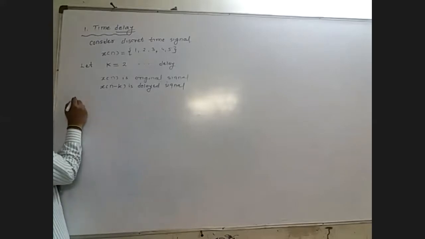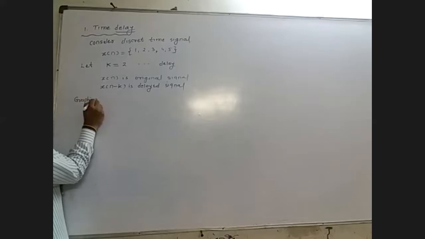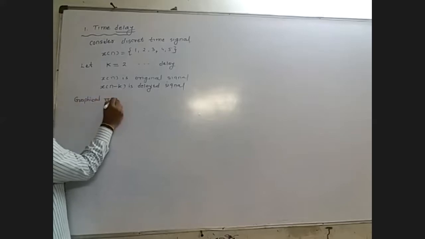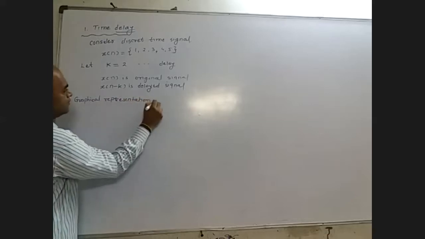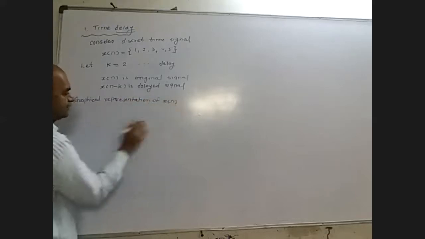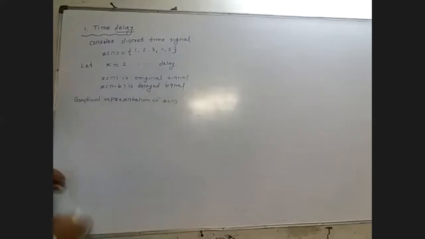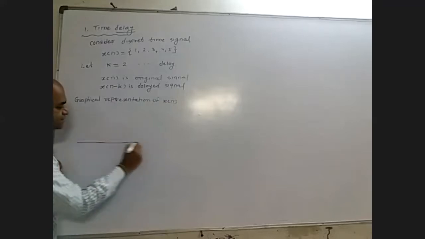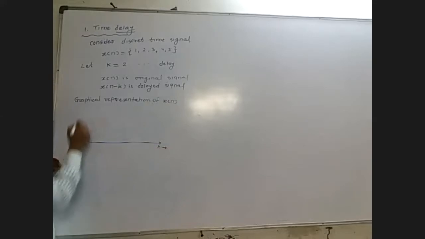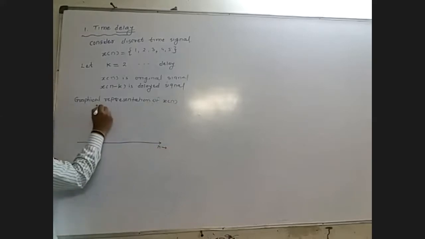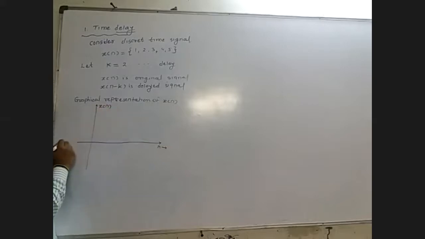So we go for the graphical representation of x of n. Now how can you describe it? I go over the coordinate system. Here n is represented on the x-axis, and x of n is represented on the y-axis.